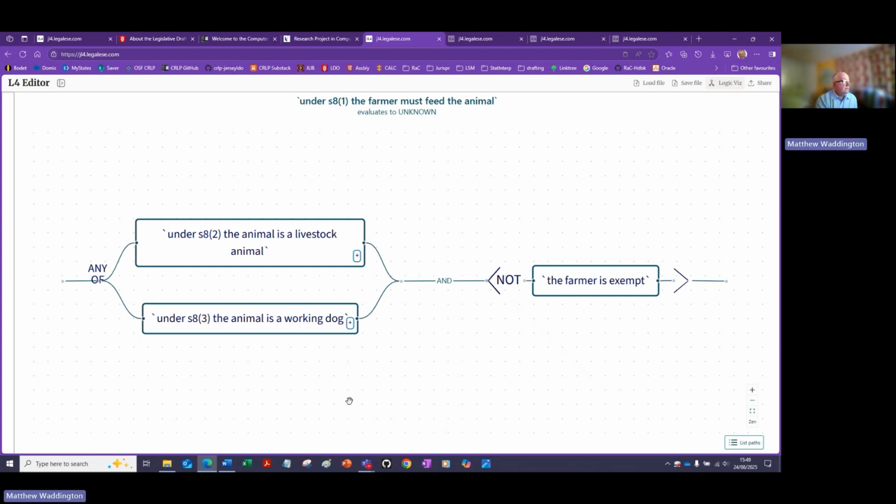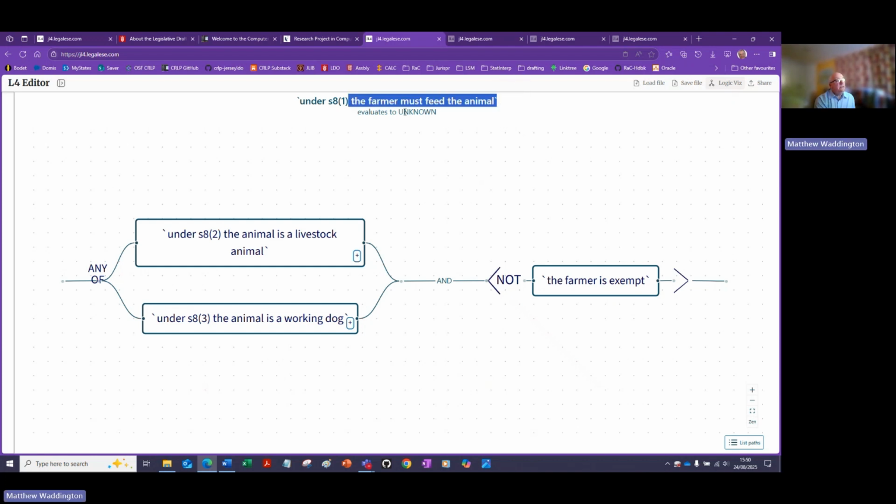So let's go back to the mapped version of that. The idea with these maps, it's not quite a flowchart, because legislation isn't about a process. Legislation is about working out whether the legal effect that you've created does or doesn't apply given the conditions you've imposed on it. So the legal effect that you've created there would be that under section 8.1, the farmer must feed the animal.